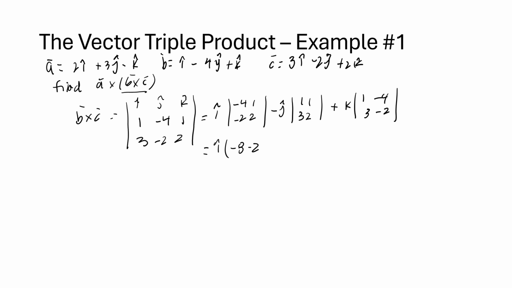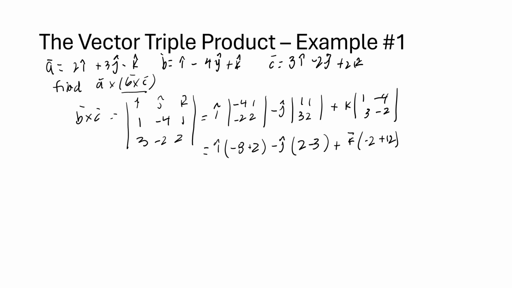That's a minus, no, that's going to be a plus 2, because the minus and the minus cancel and turn into a plus. Minus j. So it's 1 times 2 is 2, minus 3. And then plus k. And then we've got minus 2, and then we get a plus 12, because we have a minus times a minus.